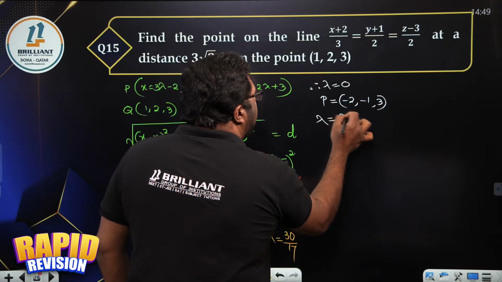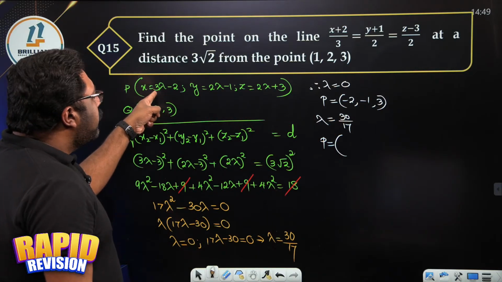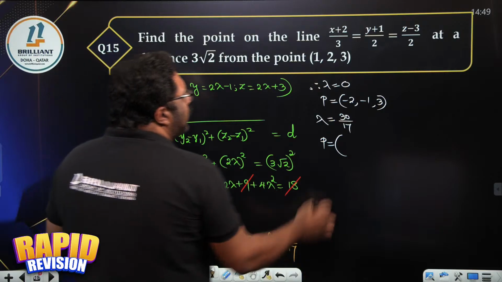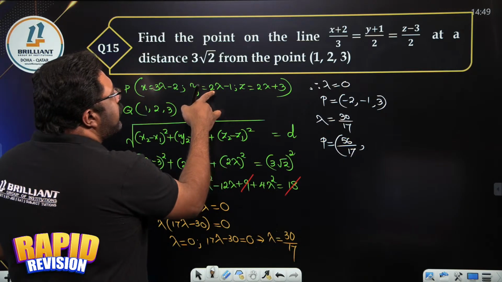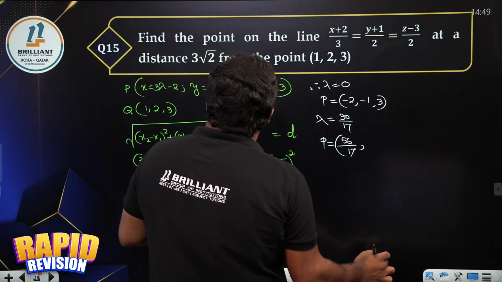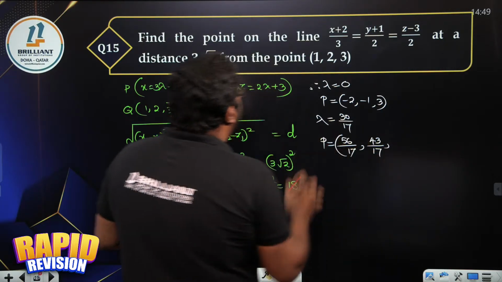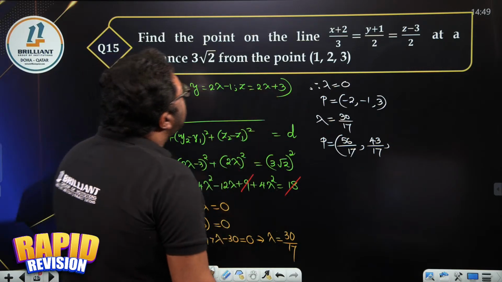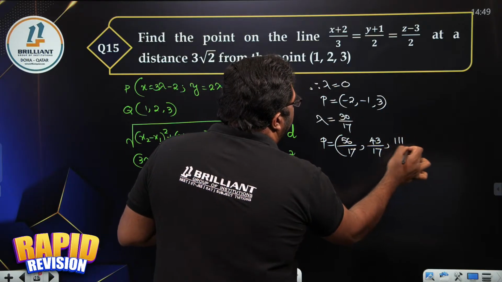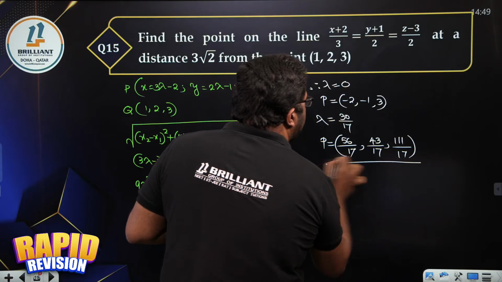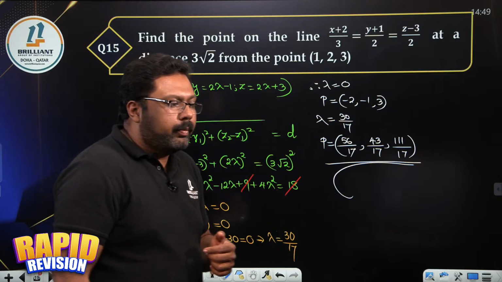For lambda equal to 30 by 17, P equals (90 minus 34, that is 56 by 17; 60 minus 17, that is 43 by 17; 60 plus 51, that is 111 by 17). So these are the coordinates of P for the two values of lambda.